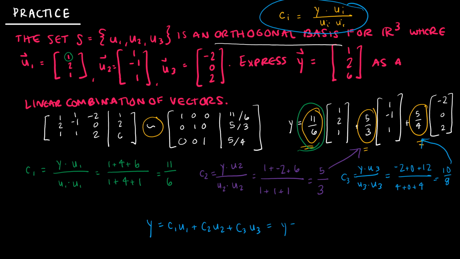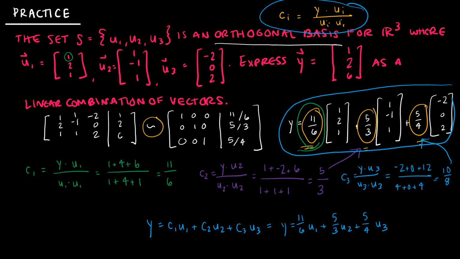So y is equal to 11 sixths u1 plus 5 thirds u2 plus 5 fourths, once I reduce it, u3, or again, write it like this with those vectors written out.